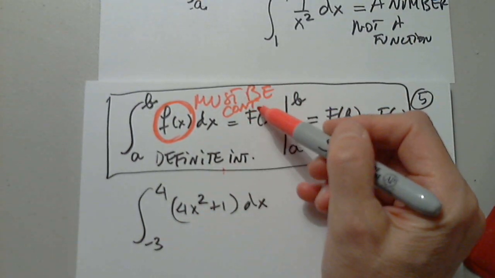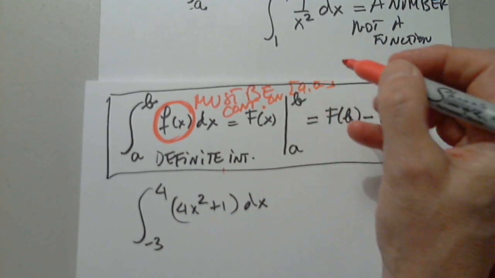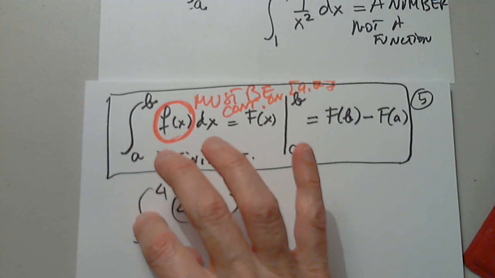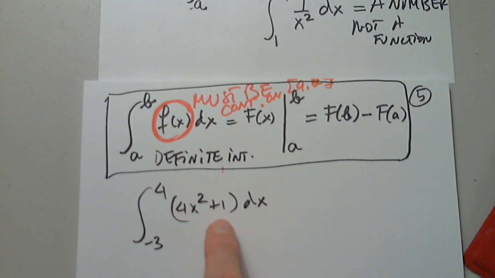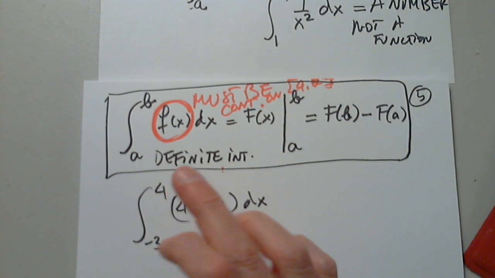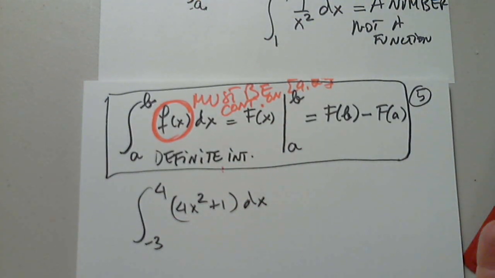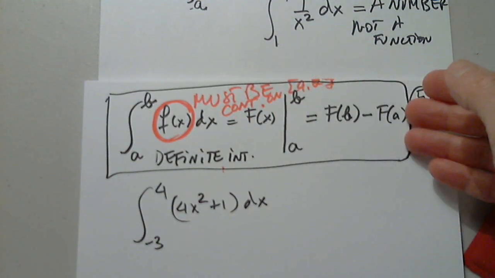So the function must be continuous on a, comma, b. I'll write it again and again. So when I'm given a definite integral to calculate, first of all, I look at the function and say, is it continuous on -3, 4? Of course. It's a polynomial. It's continuous everywhere. And then I proceed with the rule or the theorem.